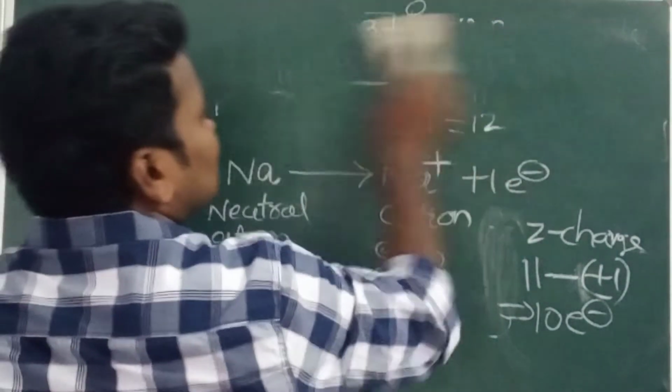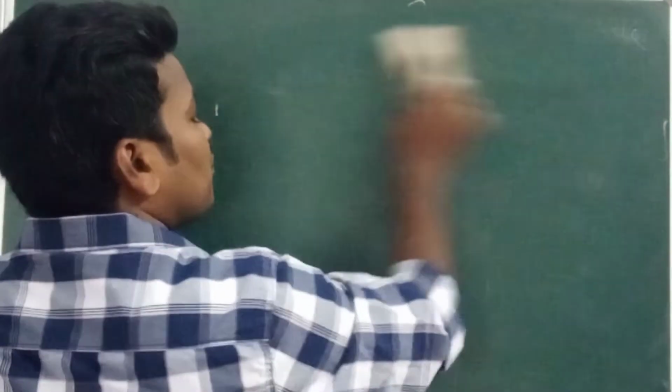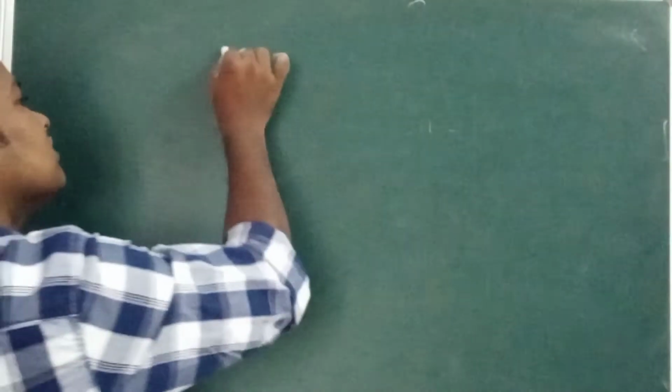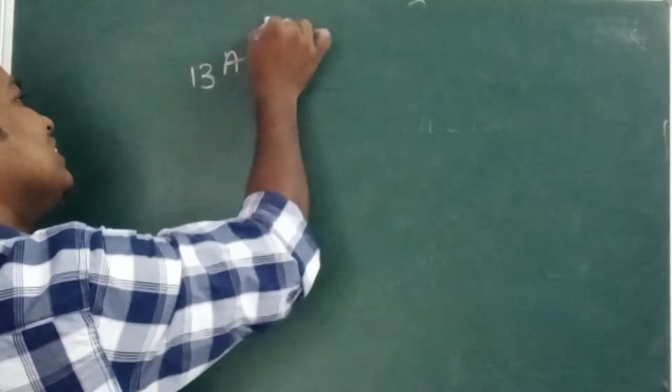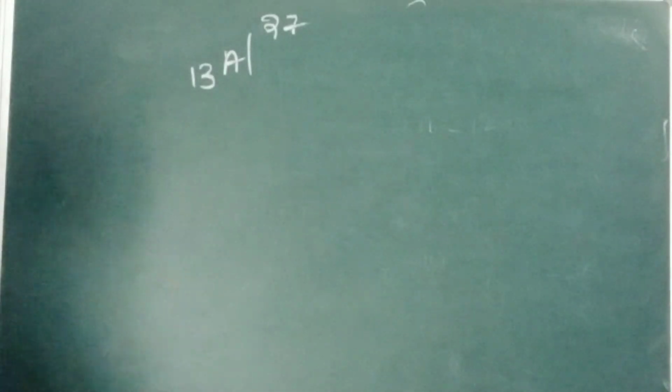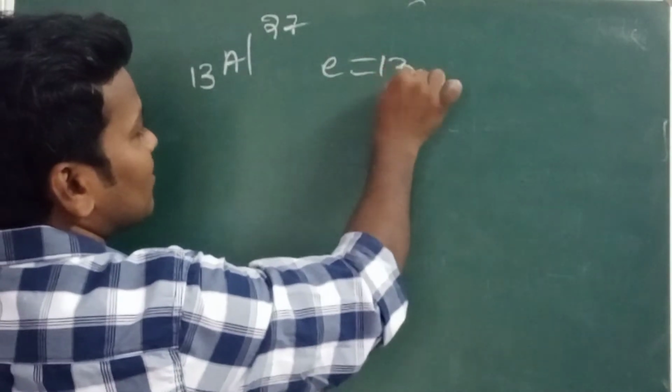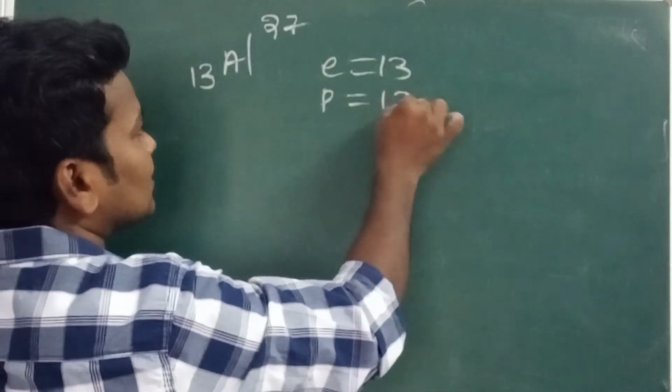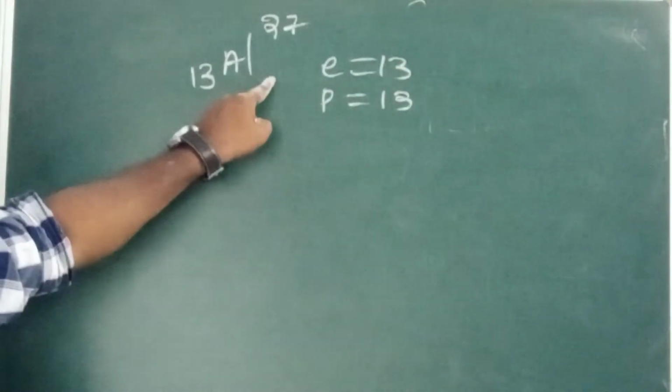You can see another example also. Plus 1 is loss of 1 electron, plus 2 is loss of 2 electrons. So you can see aluminium 27, 13. Here electron number is 13, proton number is 13. Why? Because it is a neutral atom.